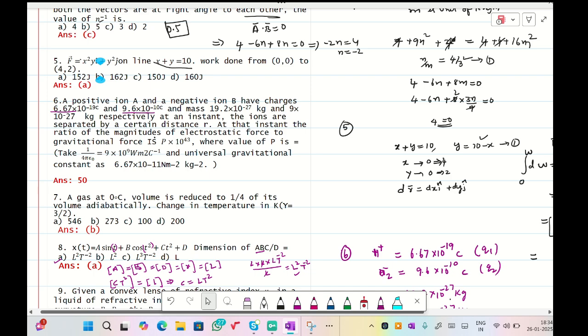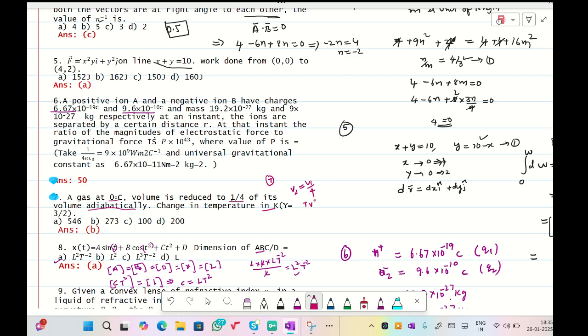7th one, see here. A gas at 0 degree centigrade is given. The volume is reduced to 1 by 4 of its initial value, so V2 becomes V1 by 4. The change in temperature in Kelvin is asked, and gamma is given. The volume changes adiabatically. The temperature and volume relation in an adiabatic process is T V power gamma minus 1.